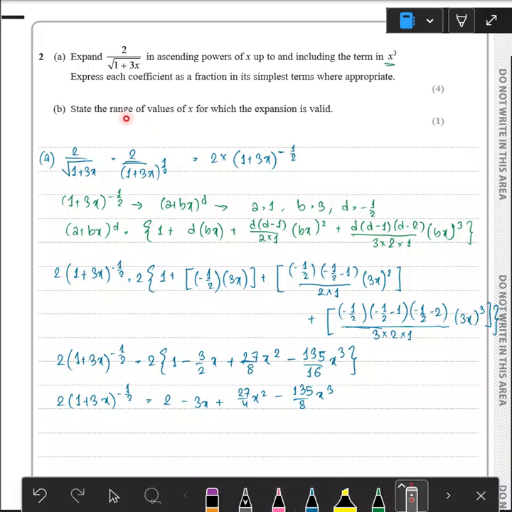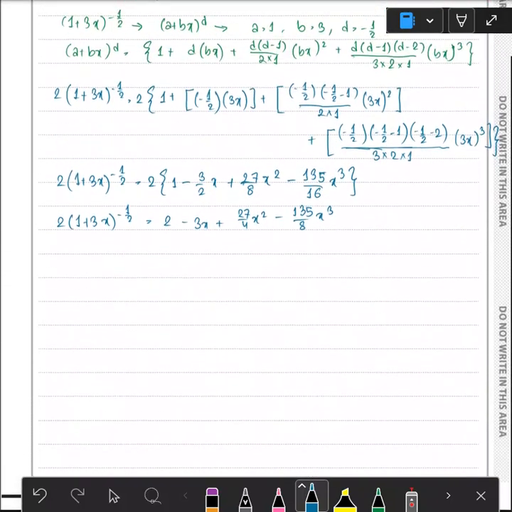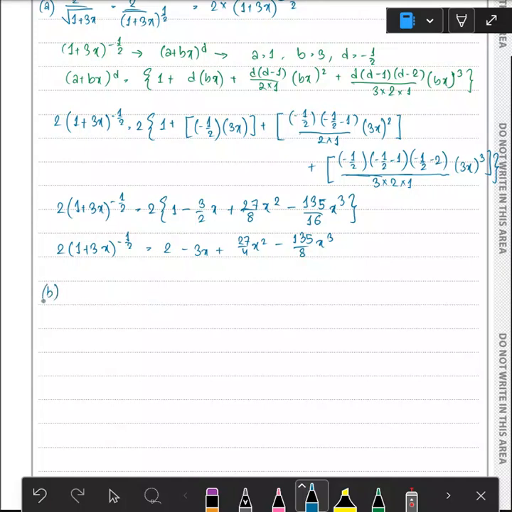Now for part B, they have asked us to state the range of values of x for which the expansion is valid. To find the range of values of x for a given expression, if the expression is in the form of a plus bx to the power d, the range would be negative a by b less than x less than a by b.